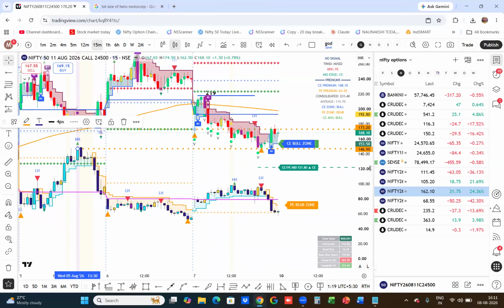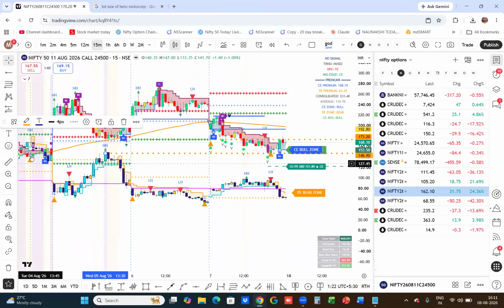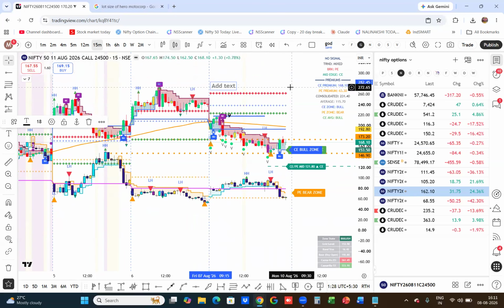So friends, if you want to get access to my indicator, this is a very good indicator. I can say you will be profitable if you use it judiciously, wisely, with this dual option premium engine. You get to know what these option premiums are telling and how they are behaving. It automatically plots both the pairs, and you can trade with this.